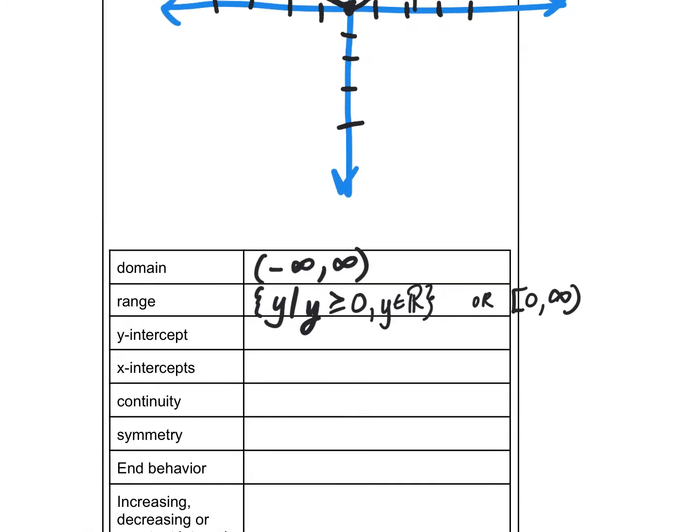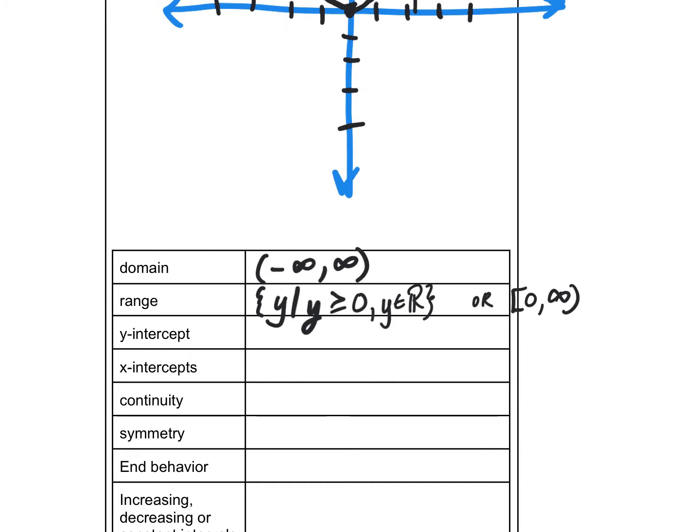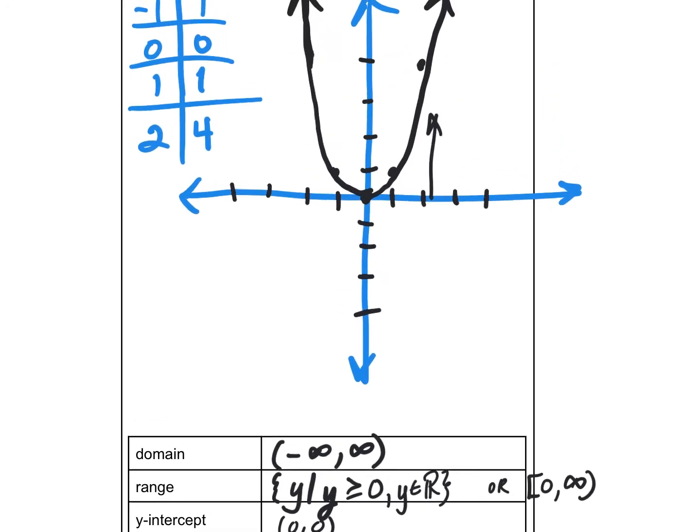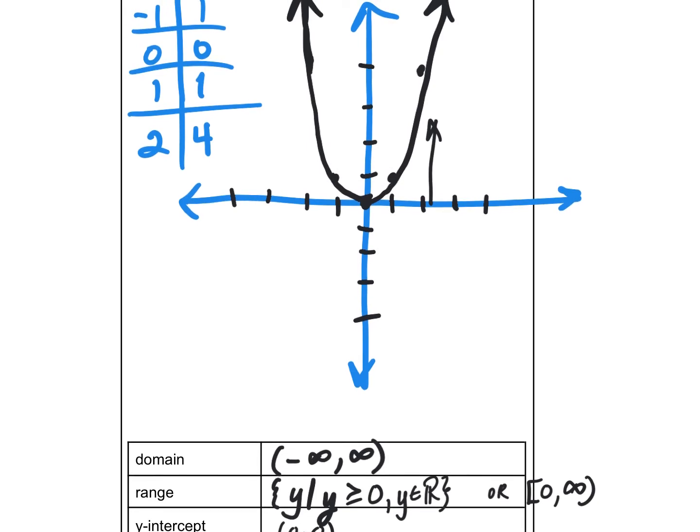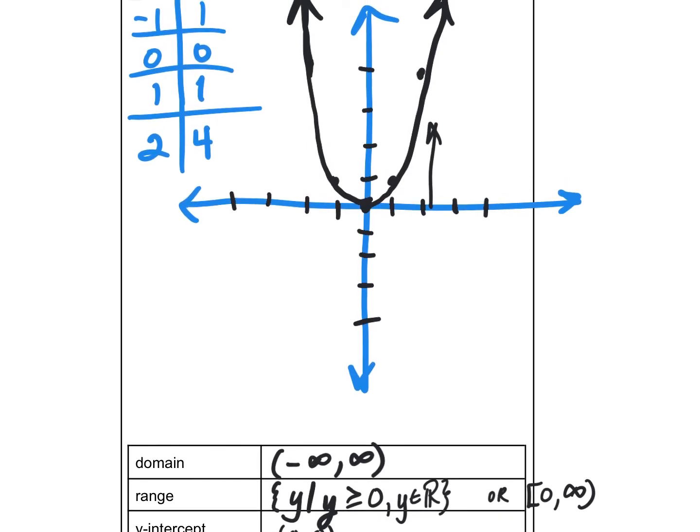Y-intercept. Crosses the y-axis at 0, and the x-intercept 0. Continuity. Is this guy continuous? Yes.